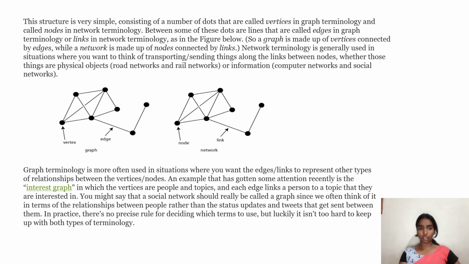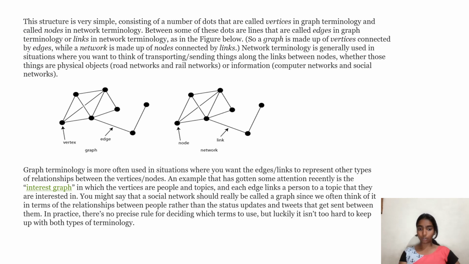those things are physical objects or information. Graph terminology is more often used in situations where you want the edges or links to represent other types of relationships between the vertices or nodes. An example that has gotten some attention recently is the interest graph, in which the vertices are people and topics, and each edge links a person to a topic that they are interested in.